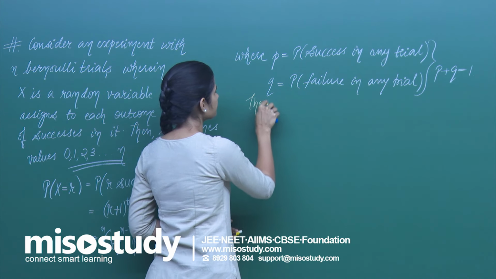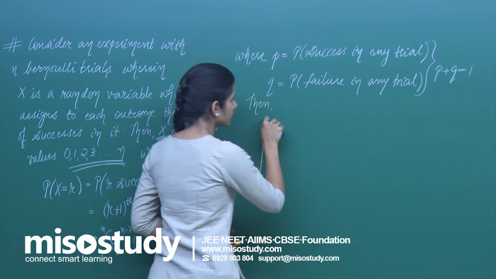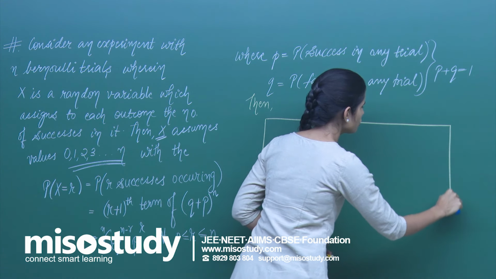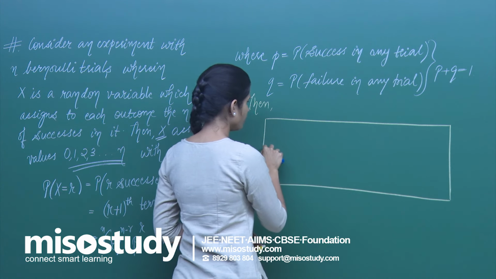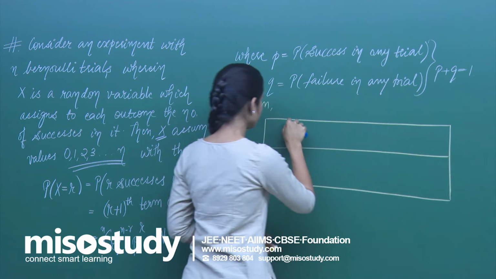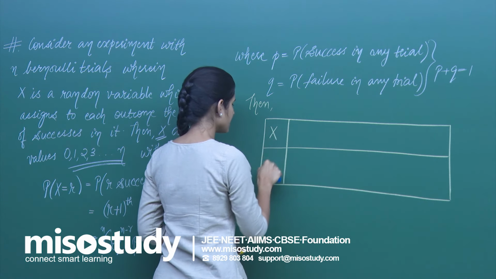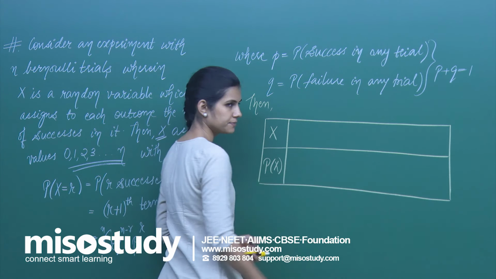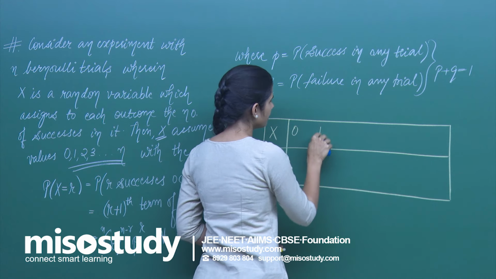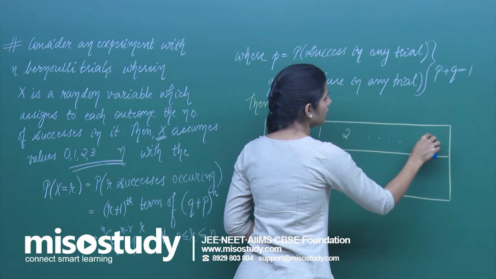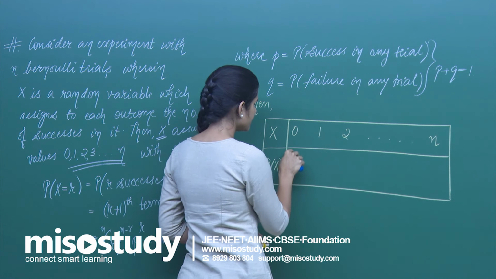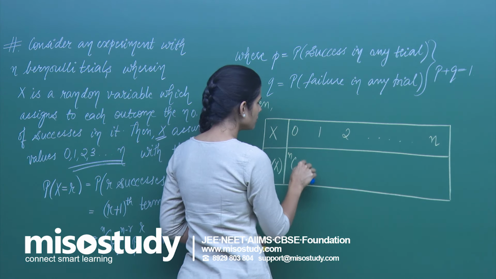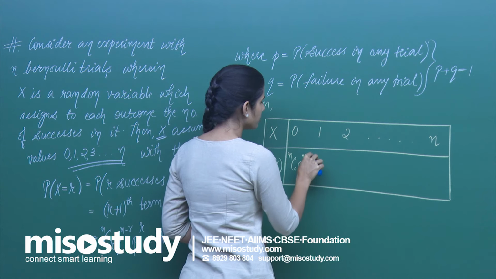Then, we already verified this to be the probability distribution in the last class. We are going to discuss it again. This is capital X, this is P of X. So, you have 0, 1, 2 and so on, n. These are the n values. And what is the P of X? It is nC0 q to the power n minus 0 p to the power 0.